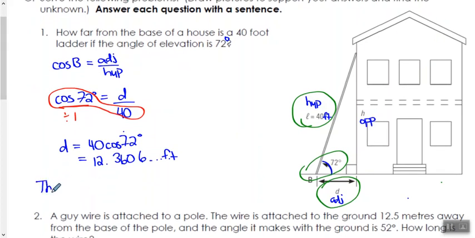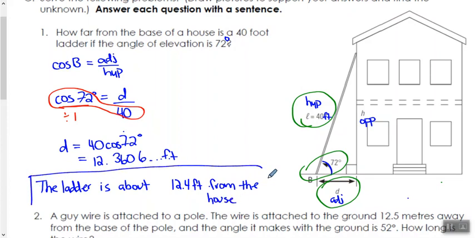So the ladder, and we will round to 1 decimal place, is about 12.4 feet from the house. If you want to be super picky, you could say base of the house, but I don't really care. Okay.